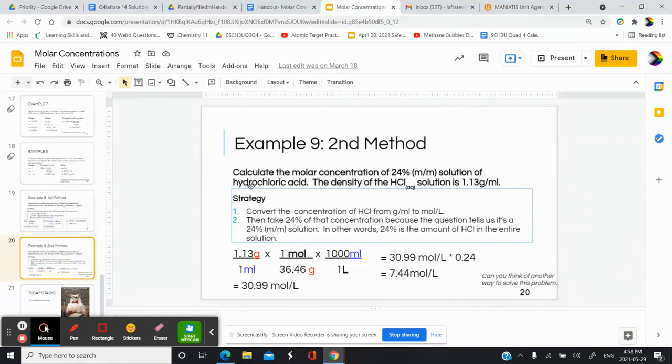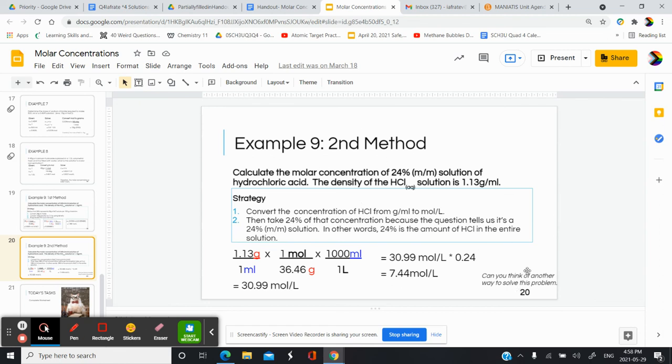So that was method 2, where we just converted each component of the density and multiplied by the 0.24. You could do it at the last step. You can embed it in the first step. It doesn't really matter. But that was a different method to get us to the same answer for a trickier question like this. There are other ways to do it.